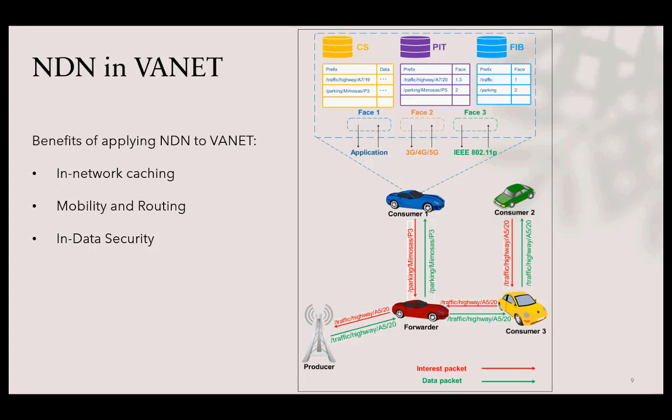When the data packet arrives at the forwarder, it is forwarded to consumer 3, which forwards it in its turn to consumer 2 by following the PIT entries. Some of the benefits of applying NDN to VANETs are in-network caching, mobility and routing, and in-data security.